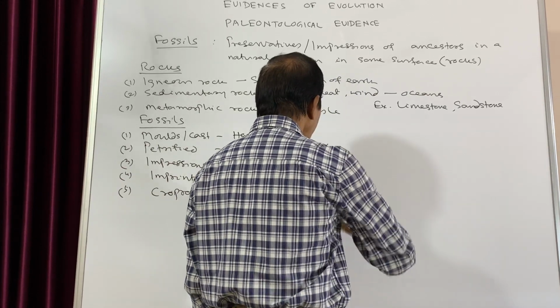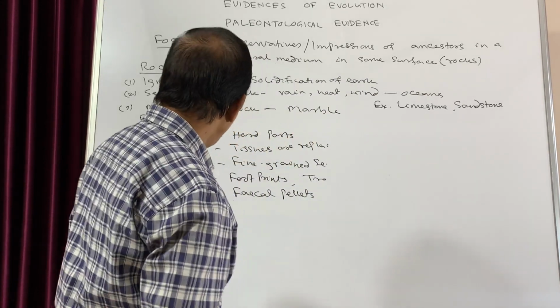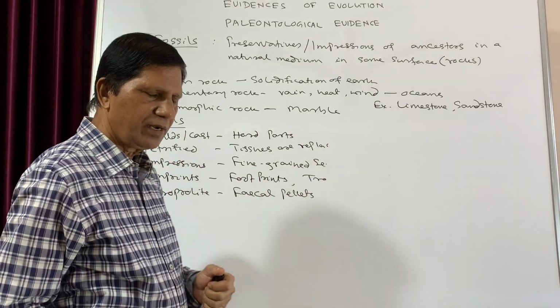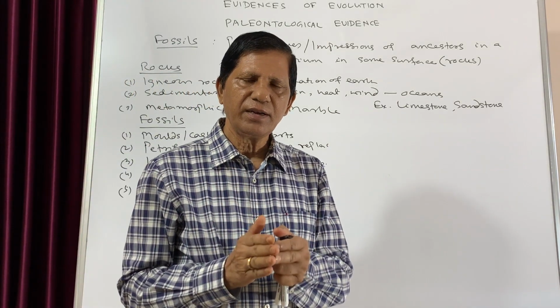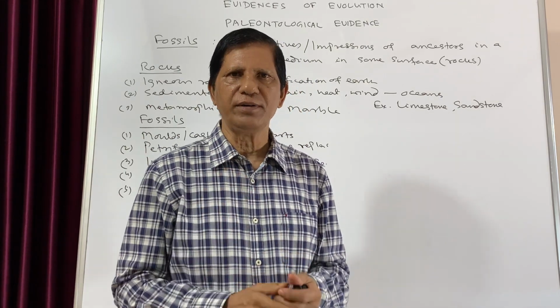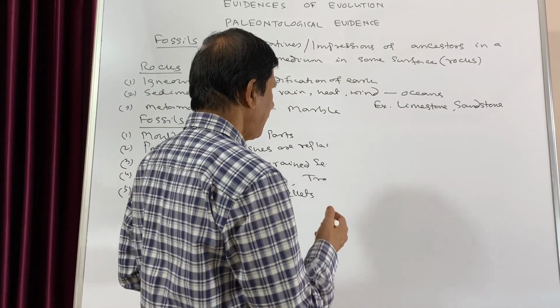how can we determine, when we find the different types of fossils, a particular fossil is formed how many years back? How can we know it? So for that there are different methods.